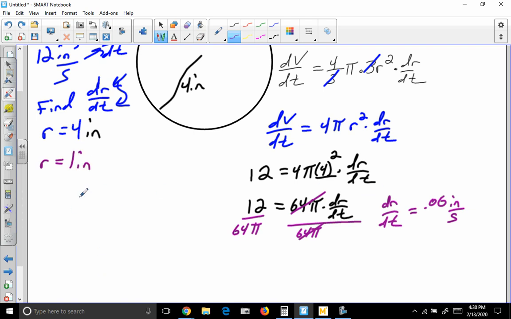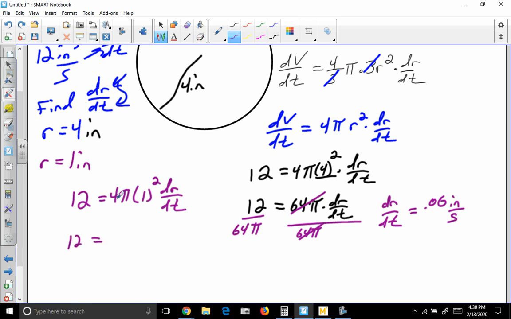So if we compare it to when the radius is 1 inch, our dV/dt is constant. We're constantly adding air at 12 cubic inches per second. This time our radius is 1, and we want to find out how fast our radius is changing then.